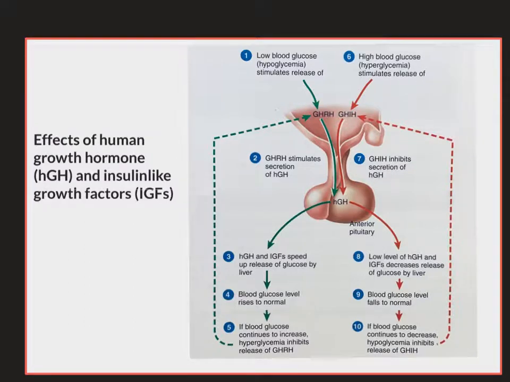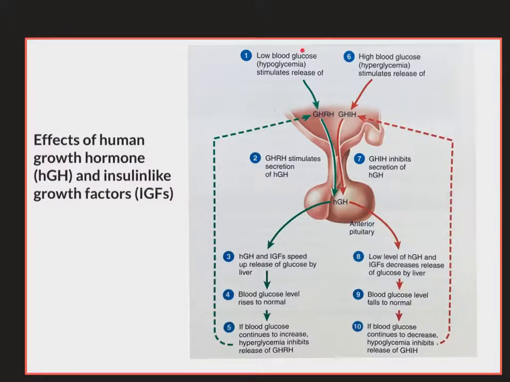Growth hormone releasing hormone is going to stimulate the release of human growth hormone from the anterior pituitary, and growth hormone inhibiting hormone is going to inhibit the release. So rather than the product actually doing the inhibition, there are two hormones, the stimulating or releasing hormone from the hypothalamus and the inhibiting hormone from the hypothalamus, that are going to have the effects on human growth hormone.